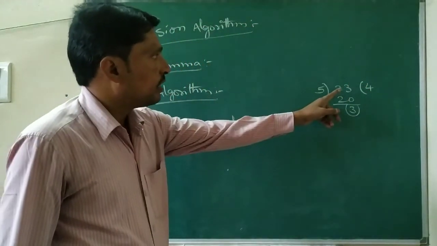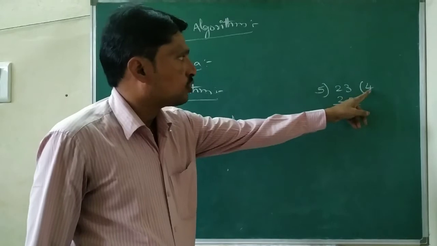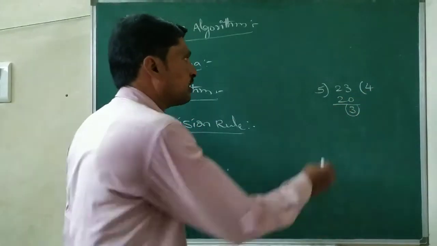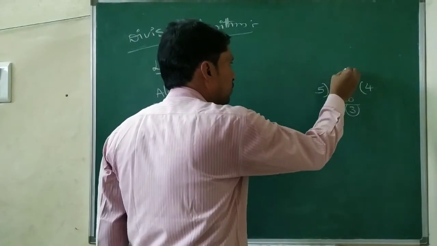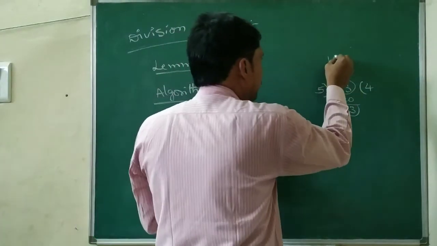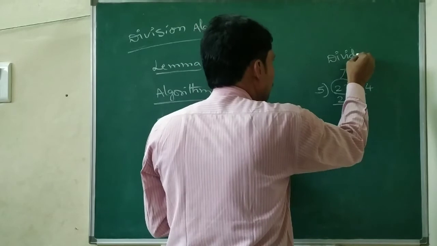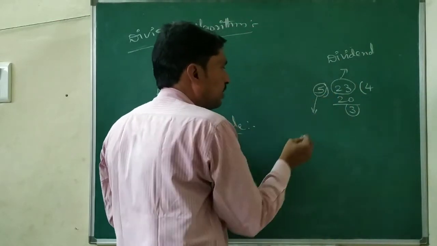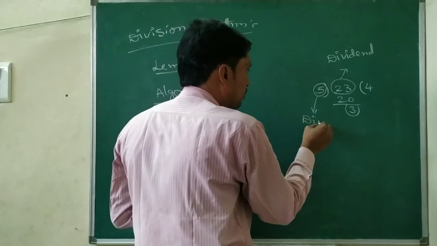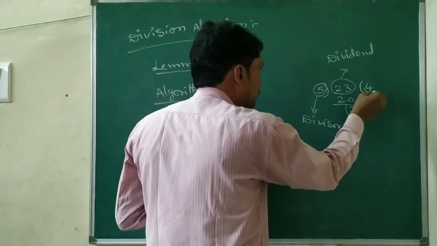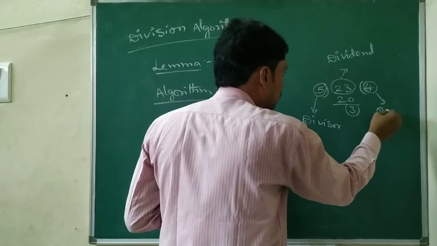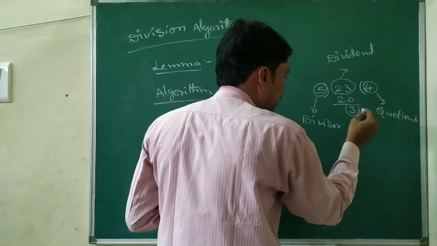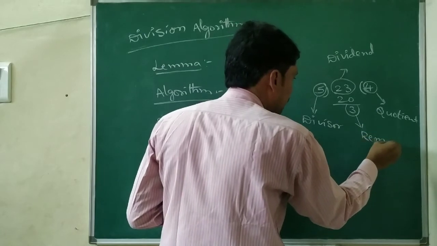So when 23 is divided by 5, we are getting quotient 4 and remainder 3. Here 23 is the dividend, 5 is the divisor, Q is the quotient, and 3 is the remainder.